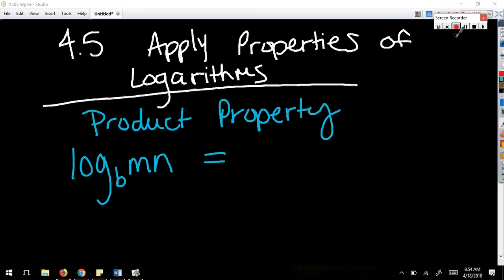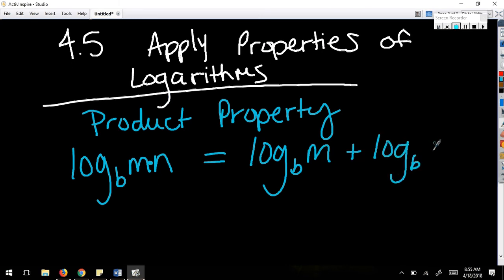So when you are multiplying, which is what I'm doing here, with the same base, if I'm thinking in terms of exponents, what do you do with the exponents? Add them, right? So because logs are exponents, I use that same thought process and I split this up with addition.